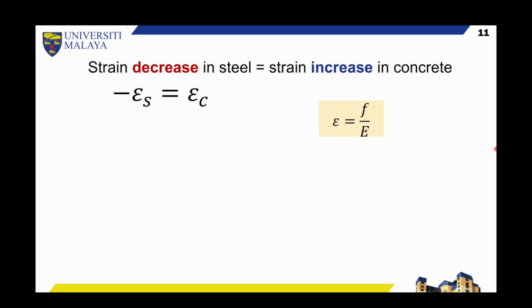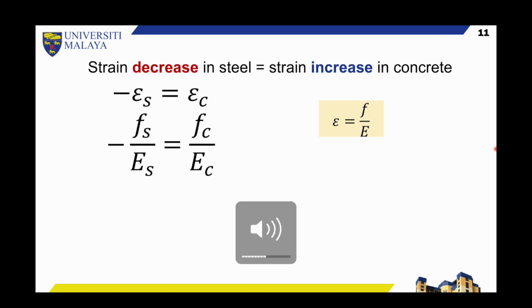And since epsilon is equal to the stress divided by the modulus of elasticity, because remember, modulus of elasticity is just F over epsilon, you just switch the epsilon and the E. You replace those values, and you get this: the stress in the steel divided by the modulus of elasticity of steel is equal to the stress in the concrete divided by its modulus of elasticity.